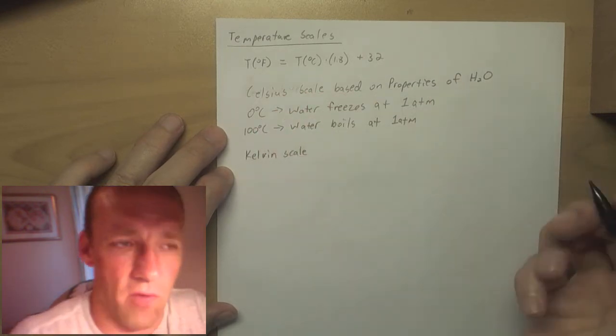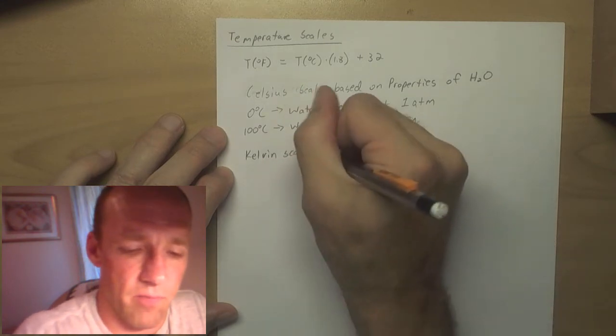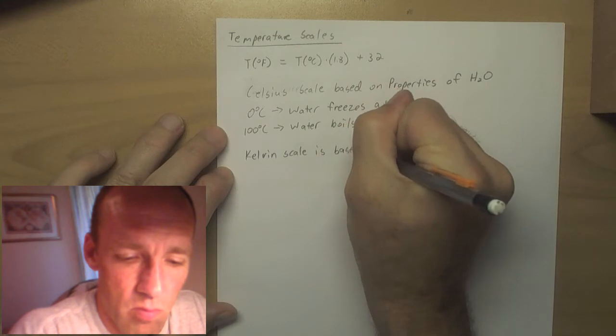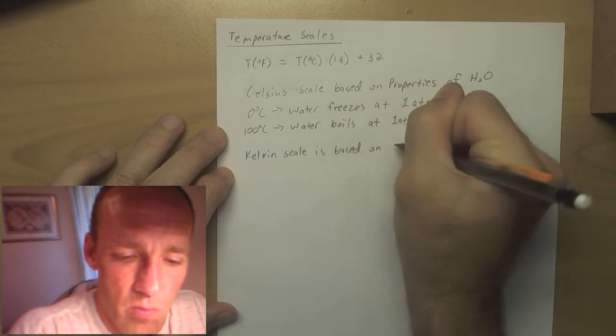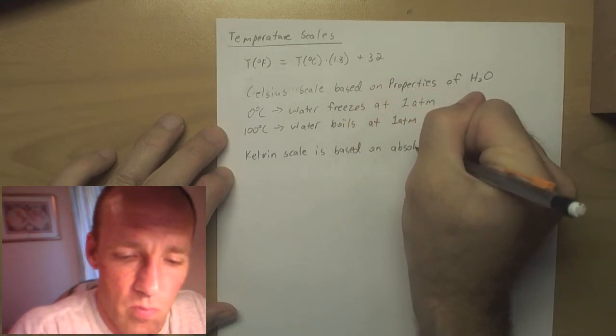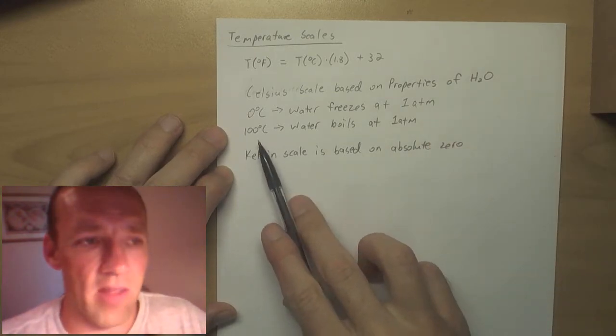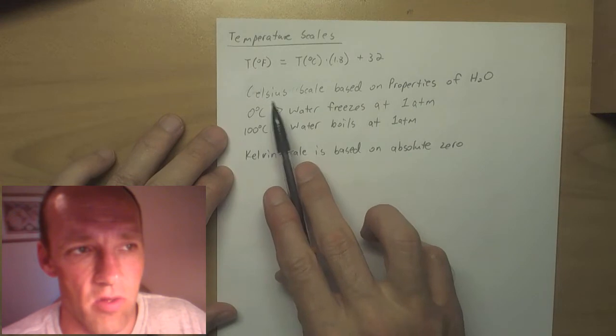Okay, so the Celsius scale is based on this, but the Kelvin scale is based off of a concept of absolute zero. And it increments at the same rate as Celsius.